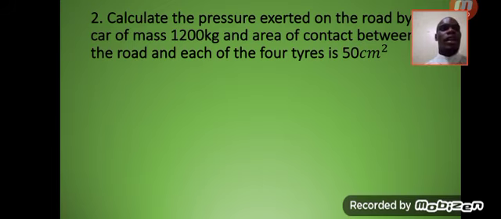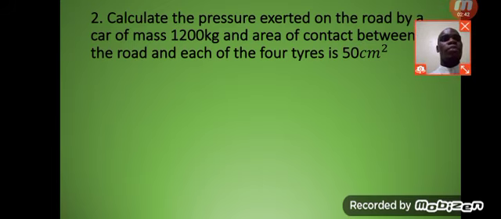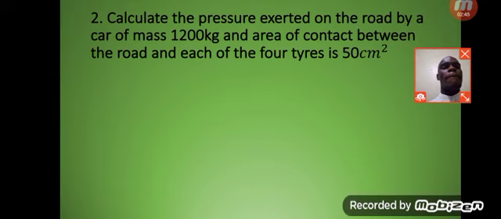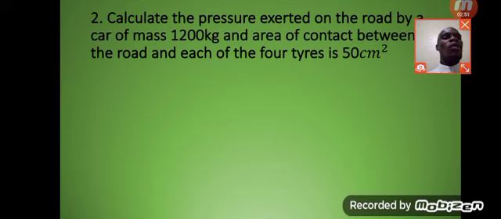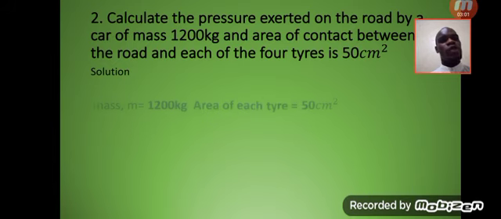Let's have a look at another example. Calculate the pressure exerted by a car of mass 1,200 kilograms. The area of contact between the road and each of the 4 tires is 50 centimeters squared. To handle such a question, we will first summarize.